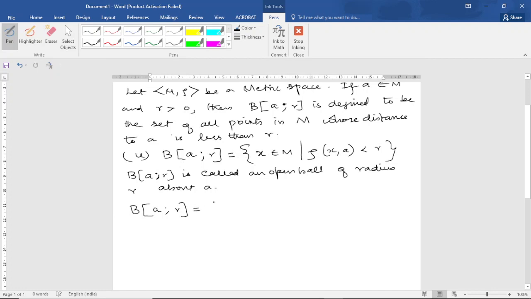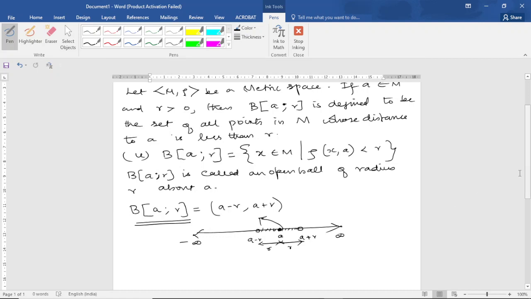An open ball is nothing but an open interval of the type (A - R, A + R). Suppose this is the real line and A is the center, and A - R and A + R are removed. All the points in this interval, except these two endpoints, form the open ball, whose center is A and radius is R.